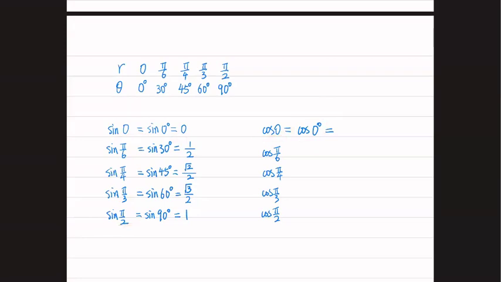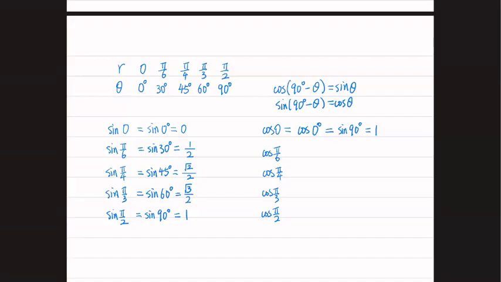What's the relationship? It's about complementary angles. So we can apply the complement angle formula. Cosine 0 now becomes sine 90 degrees, which is 1.